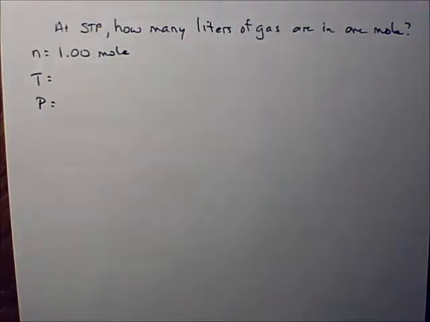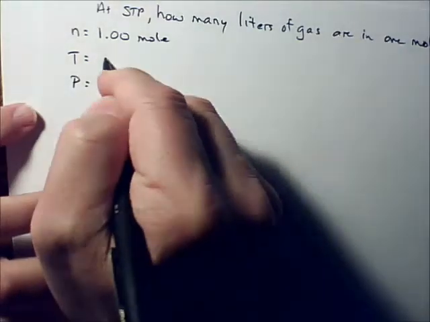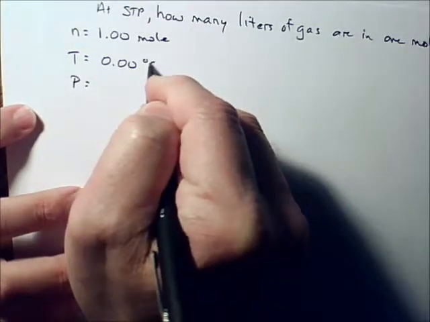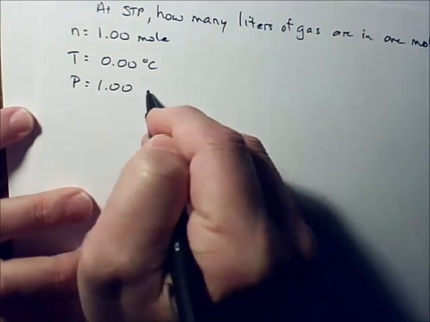For that, you're going to go to your test references if you don't already have it memorized. It's really pretty easy. Standard temperature is 0.00 degrees C, and standard pressure is 1.00 atmospheres.